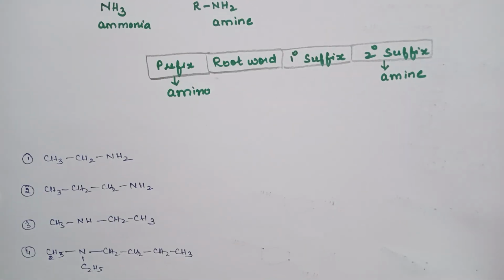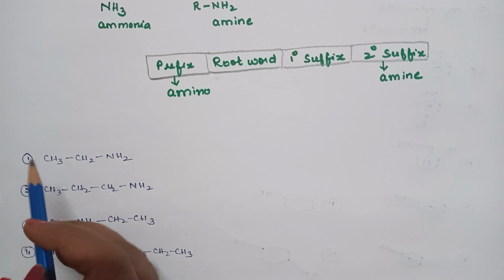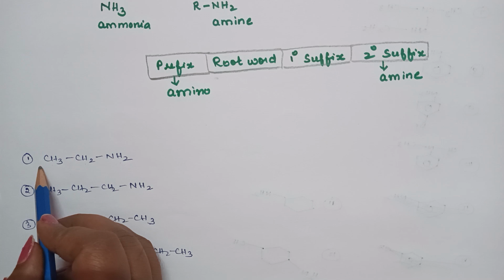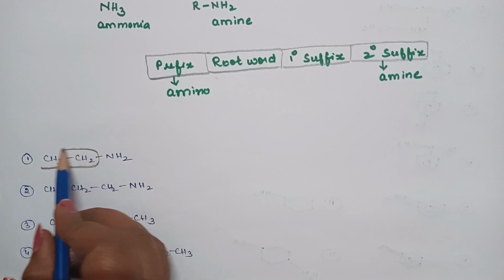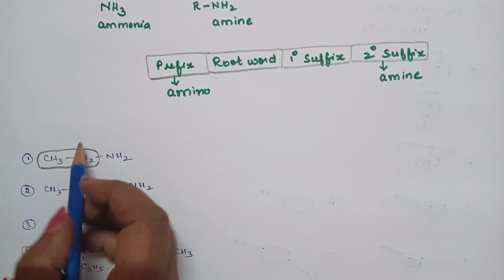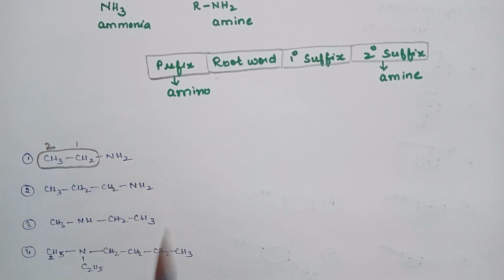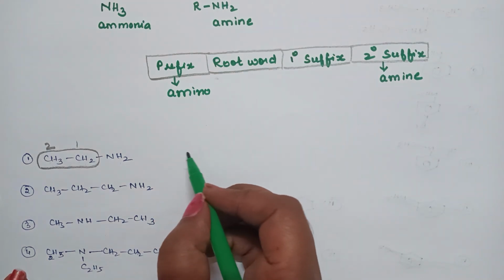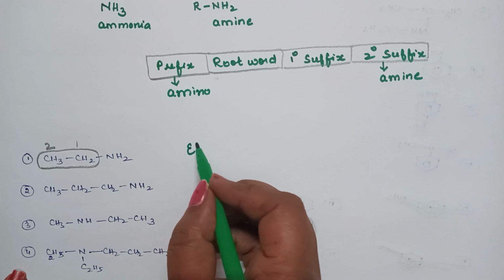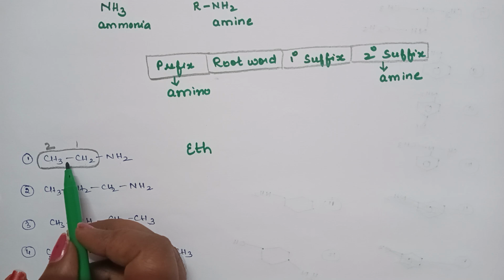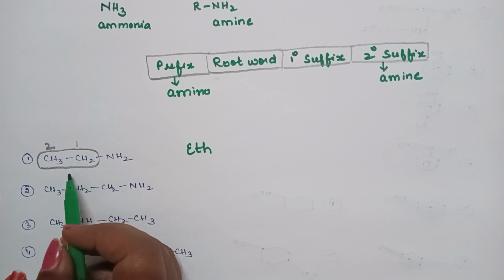Let us take an example. Here you have CH3, CH2, NH2. Select the longest carbon chain. Don't include nitrogen. Here how many carbon atoms are there? 1 and 2. If 2 carbon atoms are there, root word will be eth, E-T-H. Primary suffix will be: if single bond is present, it will be an, double bond means en, triple bond means yn.